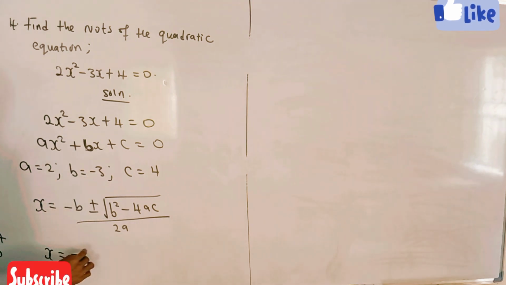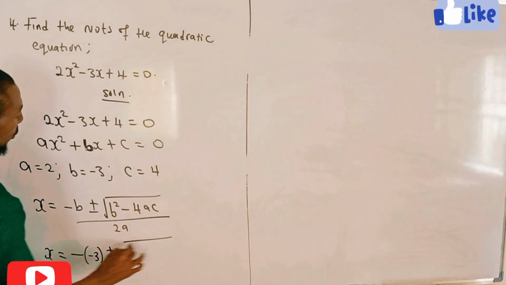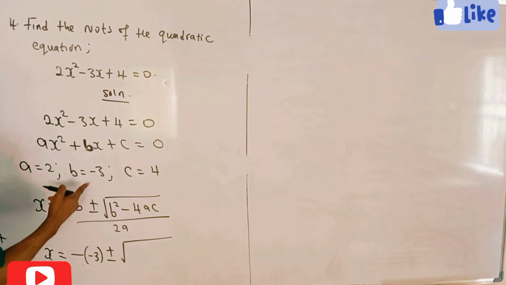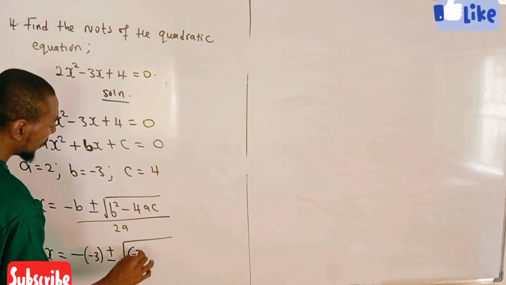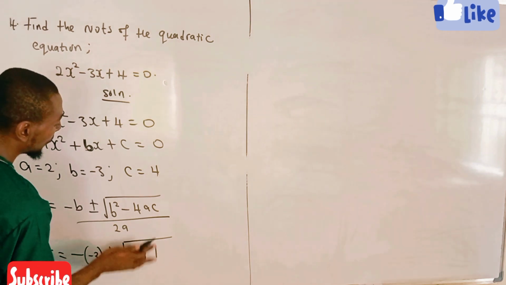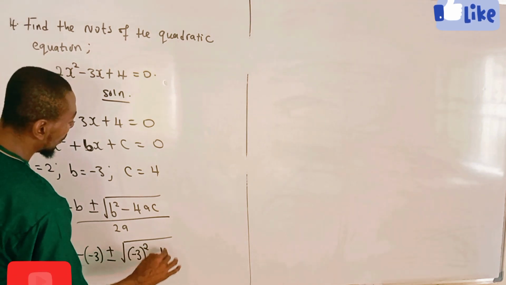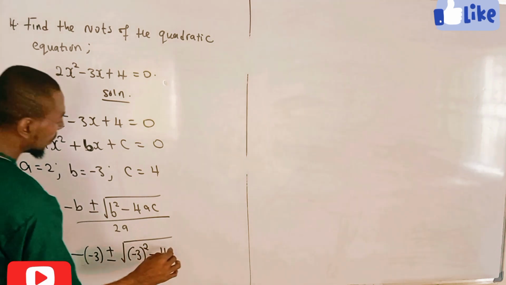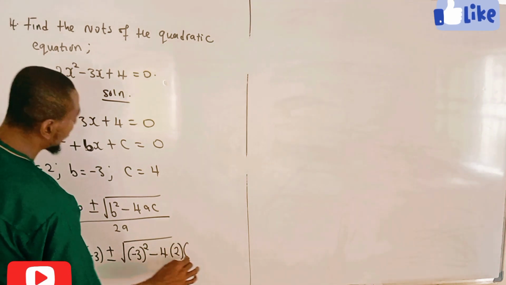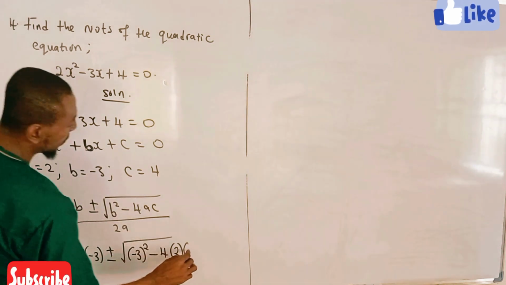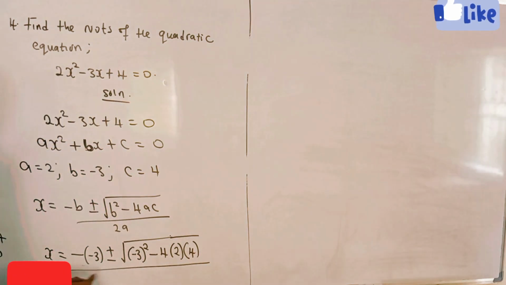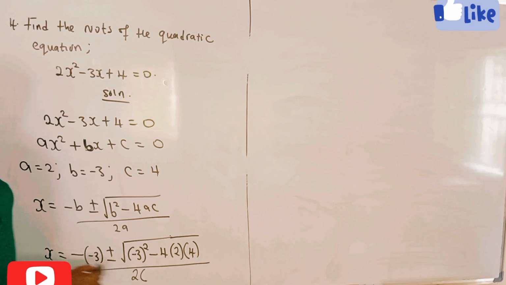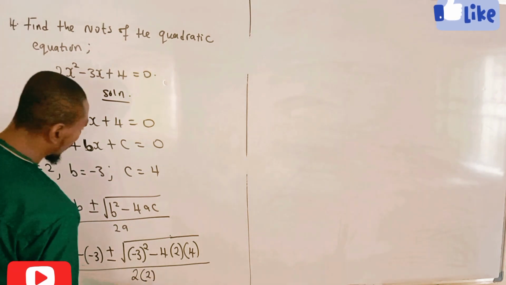Then b itself is having minus, so we have minus minus 3 plus or minus the square root of b squared, that's minus 3 squared, then minus 4 times a which is 2, times c which is 4, all over 2 times a, which is 2.